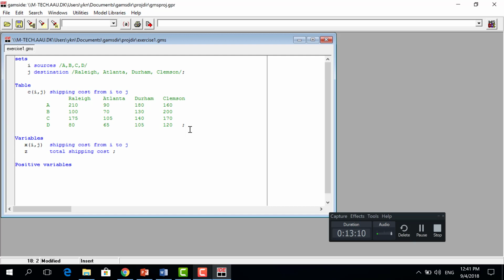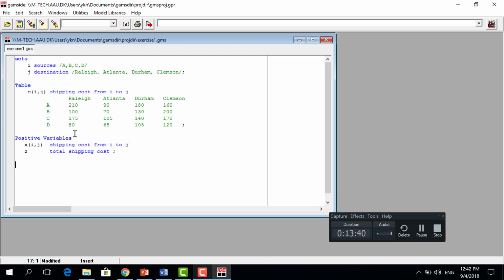Oh no, sorry, we should not do it this way, but we should put positive variable here. So indirectly we tell the GAMS software that X and Z cannot be negative. This is the easiest way to state non-negativity instead of putting it in the equation.